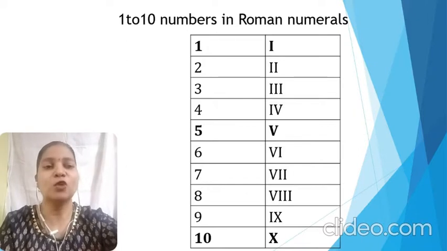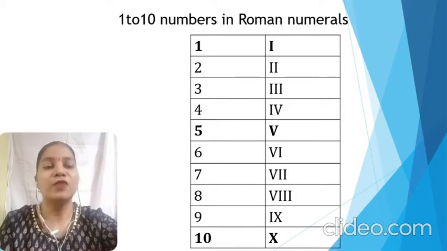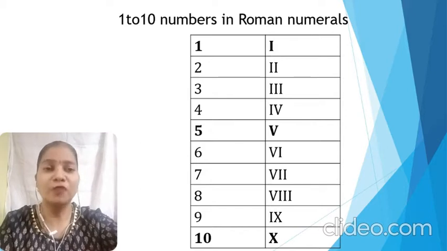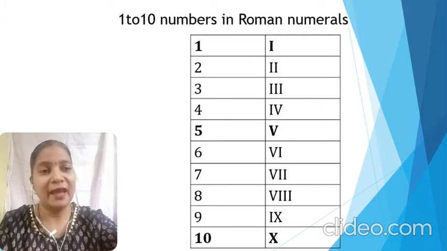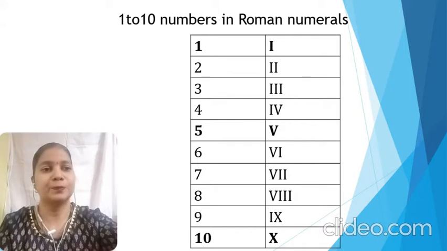Then 5 means only capital V. 6 means V plus I, which is VI. 7 means VII. 8 means VIII. And 9 means not V and 4 times I, but I before X, which is IX. And 10 means capital X.